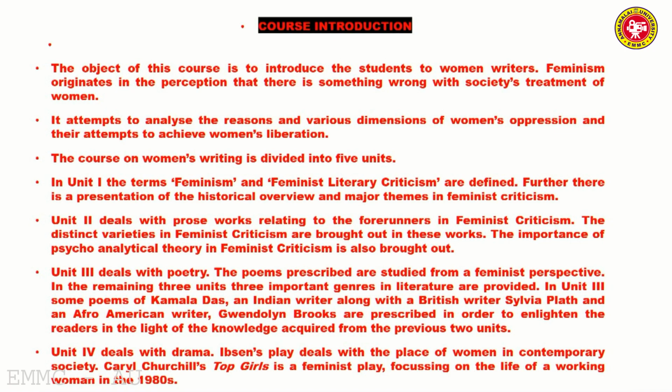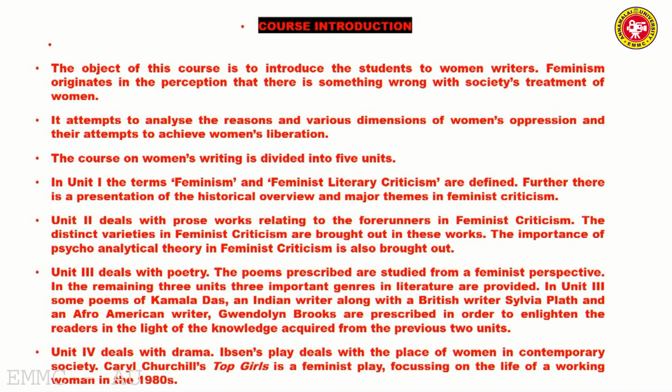So, the first 2 units deal with the development of feminism and some of the critical canons of feminism. If you are thorough with these 2 units, you can apply these principles or ideas of feminism to the writings.